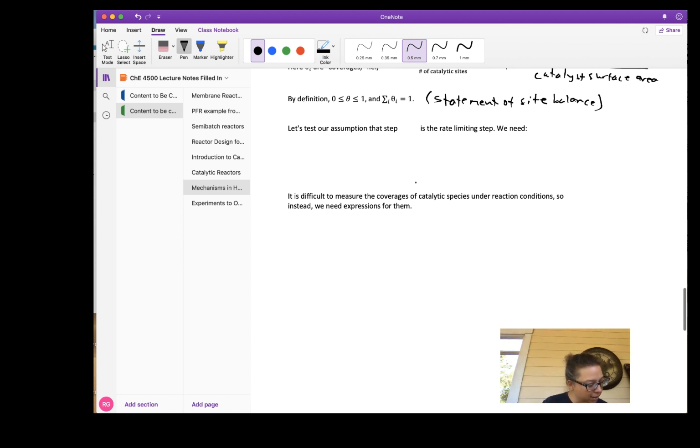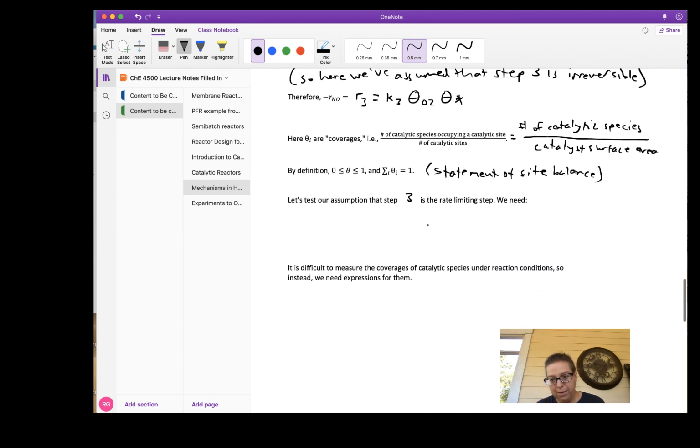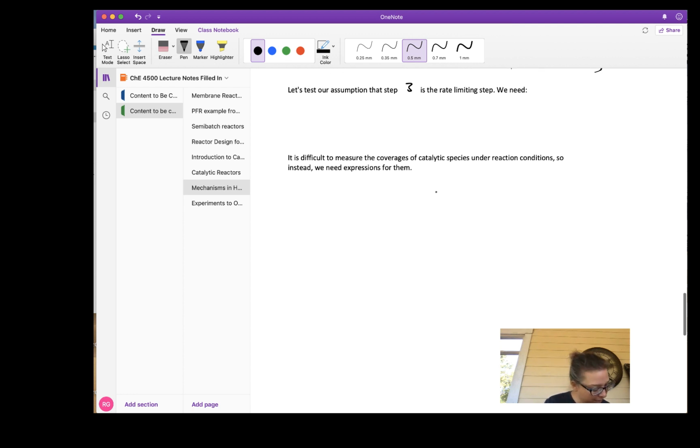Okay, so let's test our assumption that step 3 is the rate limiting step. To do that, we need to see if this rate law can match the experimentally observed rate. To do that, we need expressions for theta O2 and theta star. It's difficult to measure coverages of catalytic species under reaction conditions.